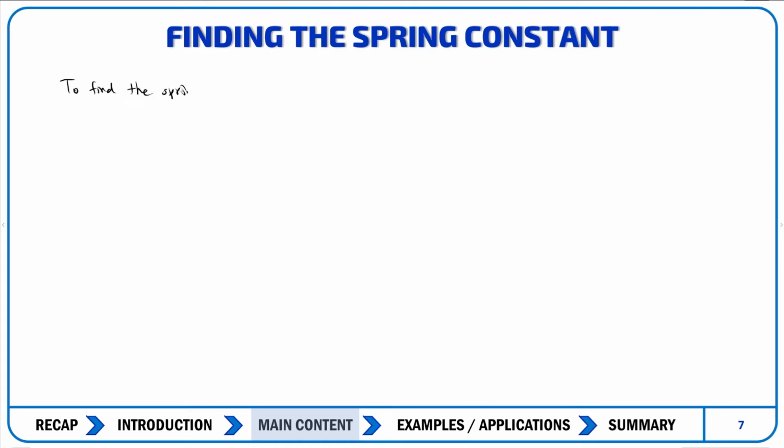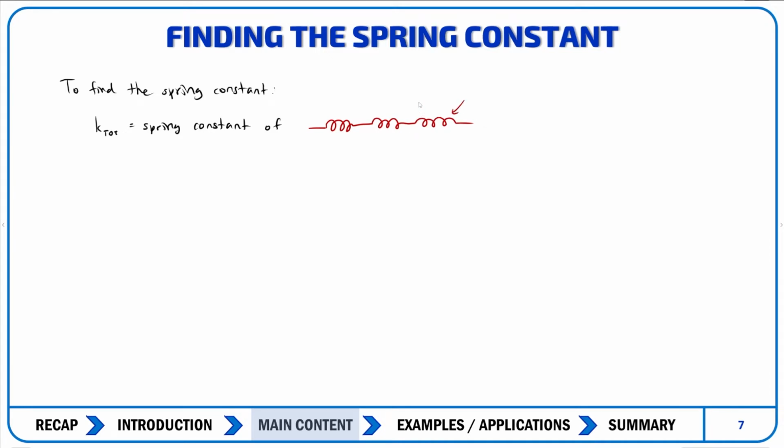So to find the spring constant, we have to find some sort of K total for the total spring constant of some sort of polymer chain or DNA. So K total we'll define as the spring constant of one strand of DNA, and that will just be like this. Something we've drawn before.